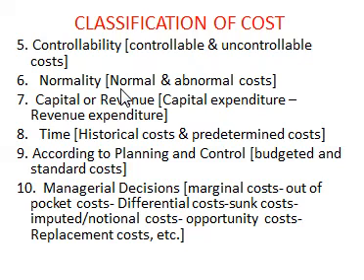A normal cost is a cost that you expect under your normal conditions of operation. But an abnormal cost is a cost that you don't expect. It comes, but that cost was not expected to occur. Then you say that one is an abnormal cost.